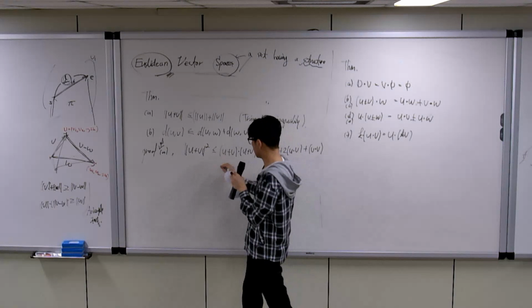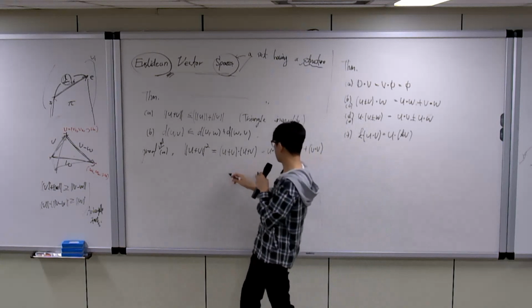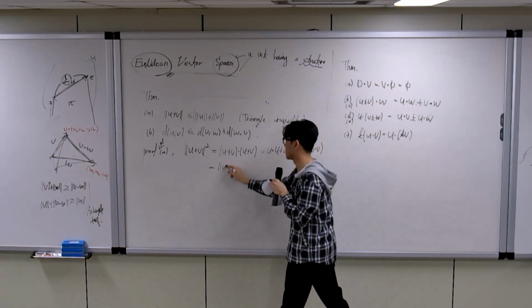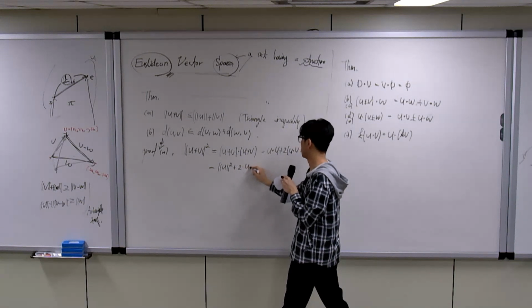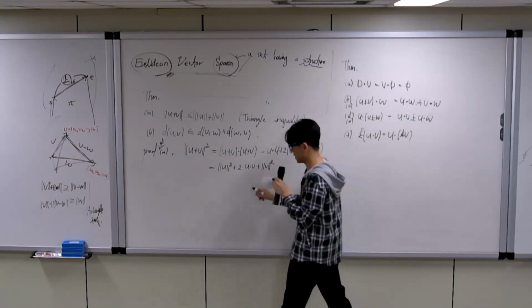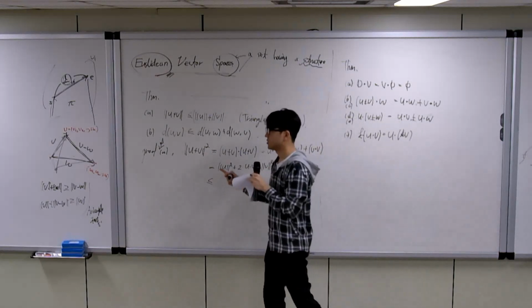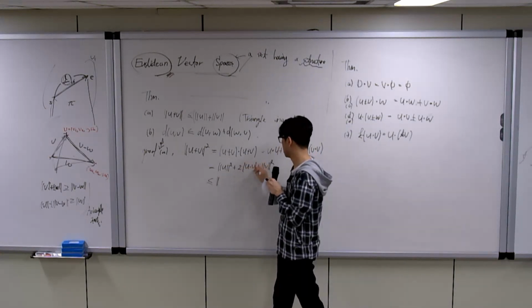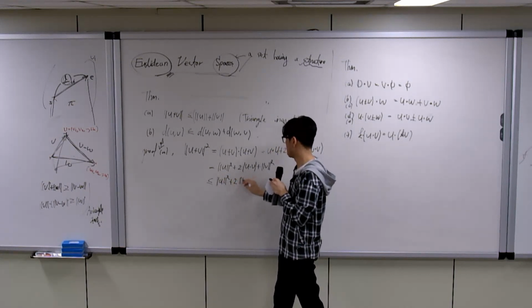And also, by the definition of the norm, it is the norm of u squared plus 2 u inner product v plus the norm of v squared, and by using the Cauchy-Schwarz inequality, the inner product of u and v will give this inequality.